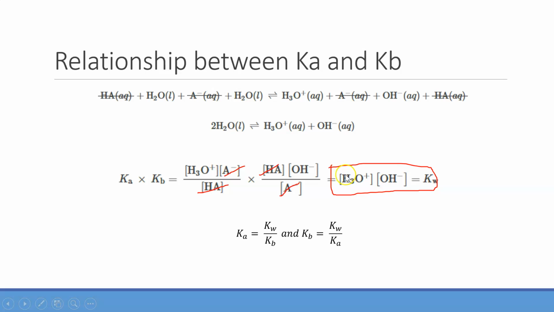That's why pH 7 is neutral, because this is 1.0 times 10 to the minus 14th, which means that these have to be 1 times 10 to the minus 7th, which is a pH of 7.